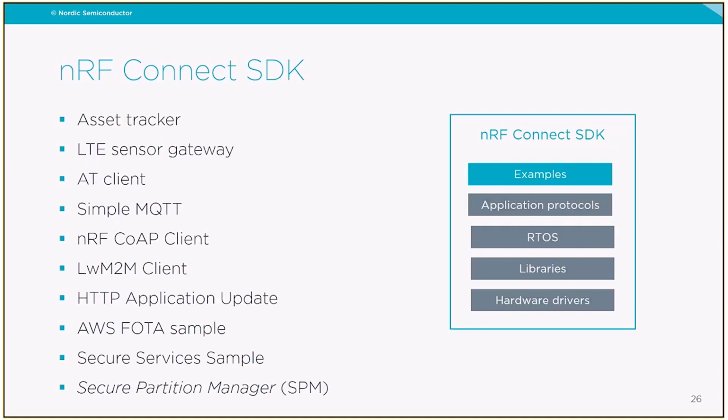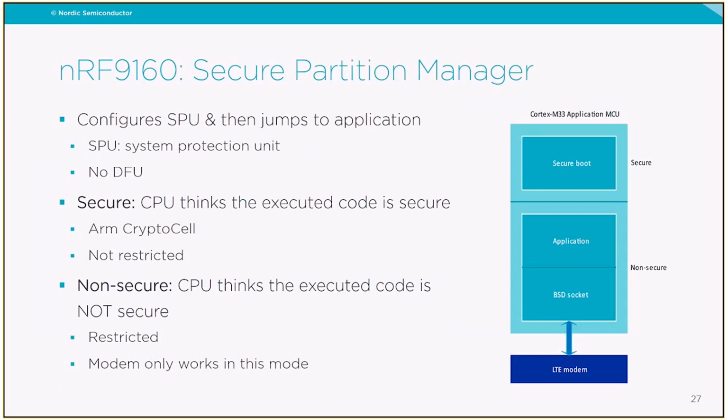We also do have Amazon Web Services FOTA sample, Secure Services sample, and also the Secure Partition Manager. The reason this one's italic is because the Secure Partition Manager is required by all code. It sets up the non-secure and secure regions of Flash and the peripherals. But I'll go through that in the next slide.